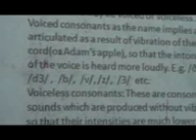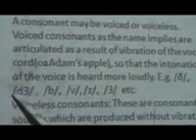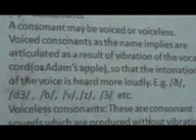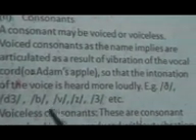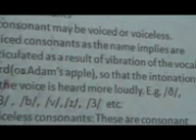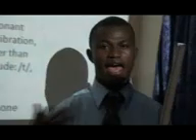Examples of voiced consonants are: we have J, we have B, we have V, we have Z, and Z. As you could hear, the sounds have vibrations.